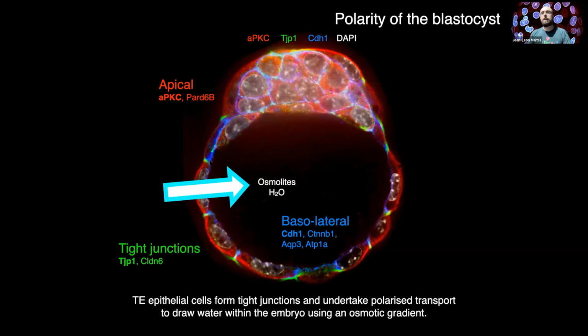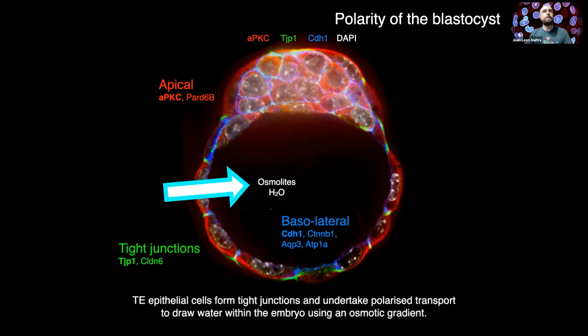And so this polarity allows polarized transport of osmolytes, which is mostly salt, into the intercellular space of the embryo. And those salts will then be retained within this intercellular space thanks to tight junctions. So specialized junctions, which make sure that the epithelium is tight, and they are here labeled in green.